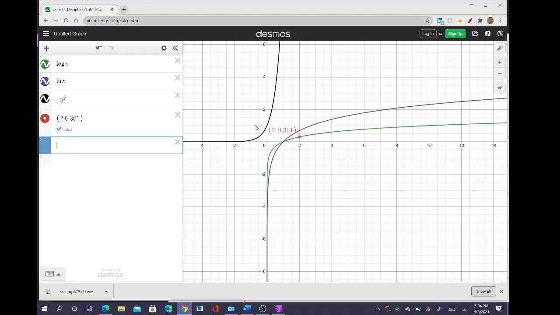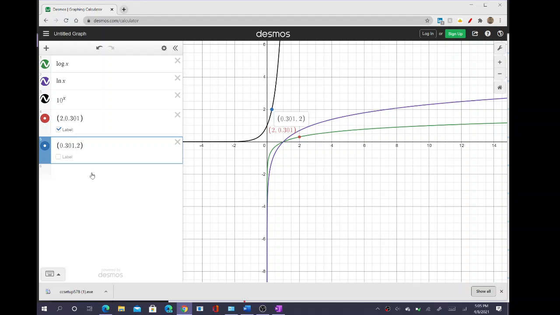Now let's switch that: 0.301, comma 2. You see how they're kind of reflected? That means that it's an inverse. So basically, log of x and 10 to the x are inverses of each other.